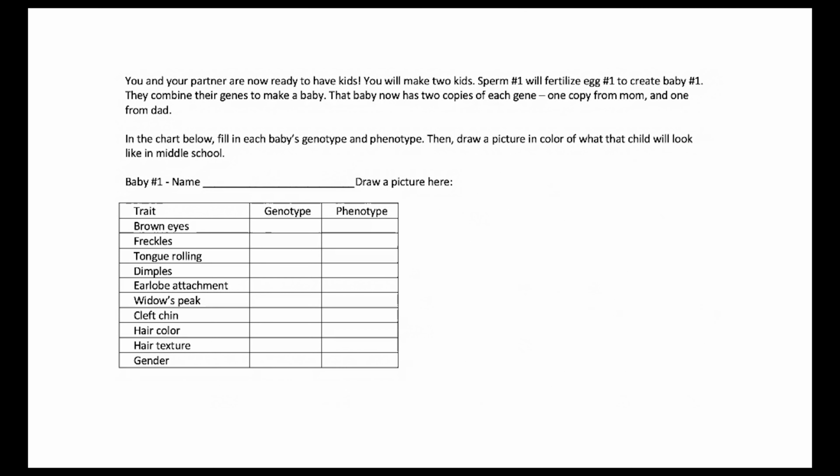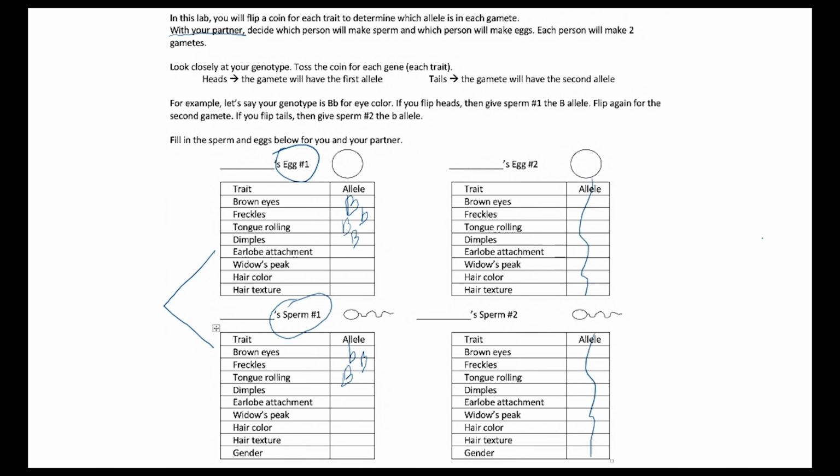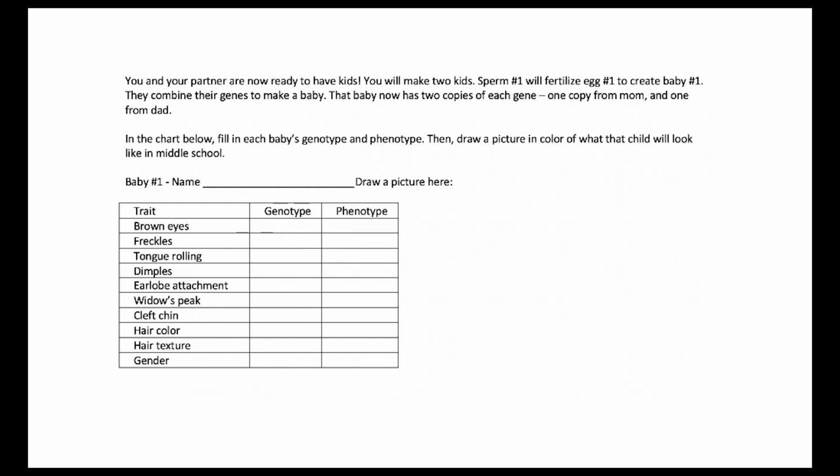I'm going to combine the genotypes here, or the alleles from egg 1 and sperm 1. So if I go back to the previous page for brown eyes, I see that egg 1 brown eyes is going to be a big B right here. And I know that for sperm 1, it's going to be a little b right there.